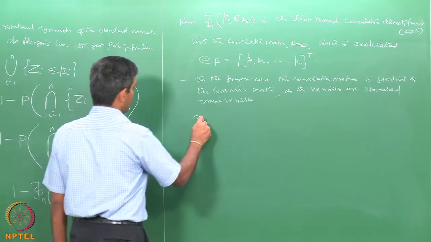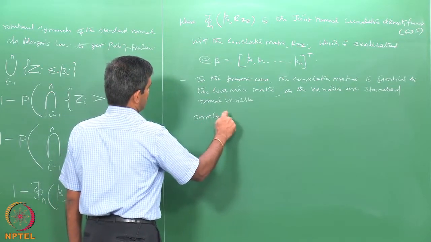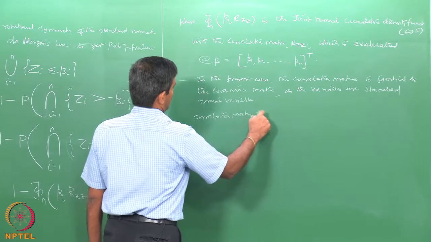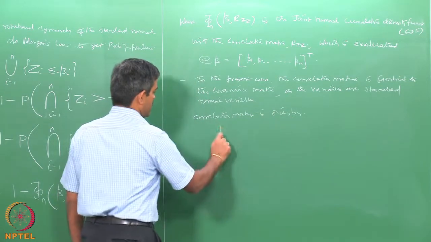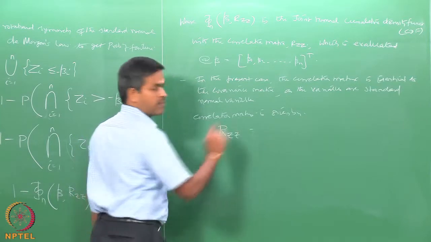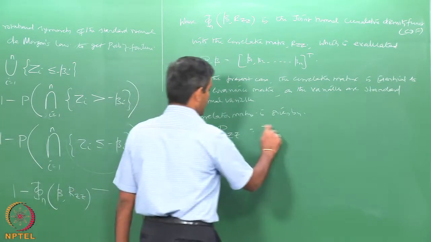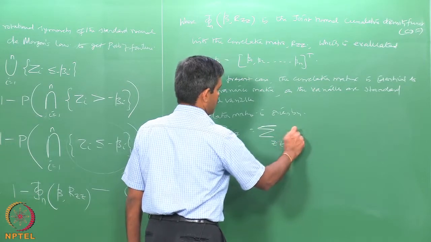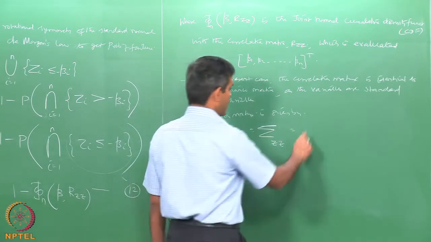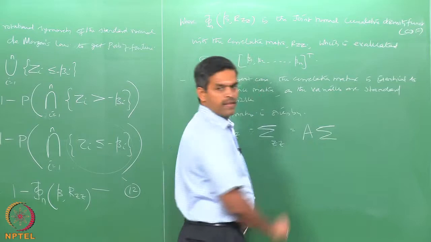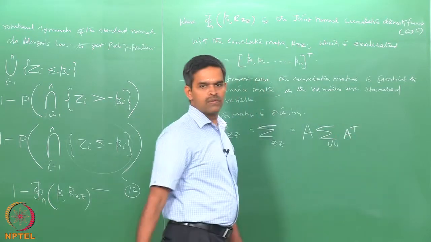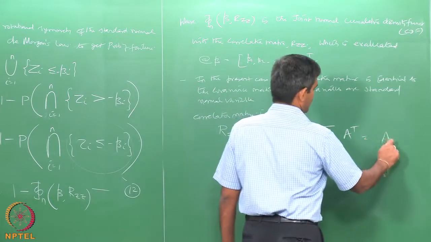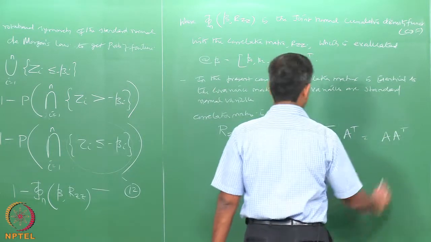Therefore, the correlation matrix R ZZ is nothing but A U U A transpose, nothing but A A transpose.